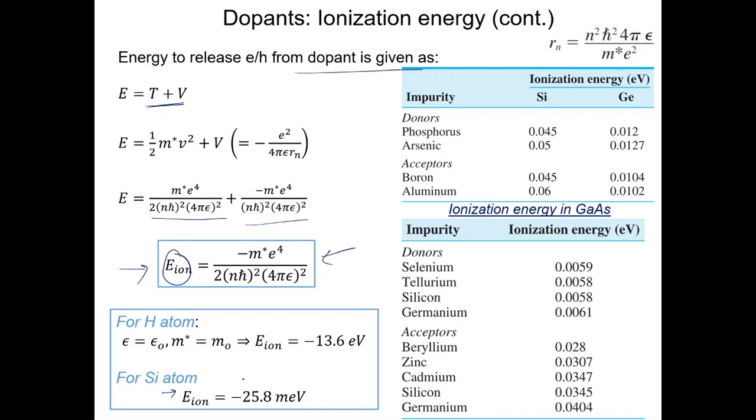This is negative, which means it is the binding energy, and you need a positive 25.8 milli electron volt, which is very close to room temperature, for these electrons to be dissipated out of the phosphorus. And once they're out, they're out. So you just have to heat up or anneal the system, and you get these electrons freely available in the crystal lattice to move around.